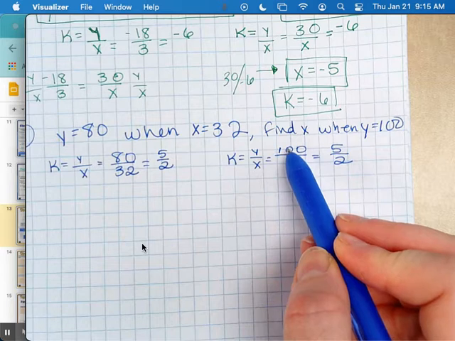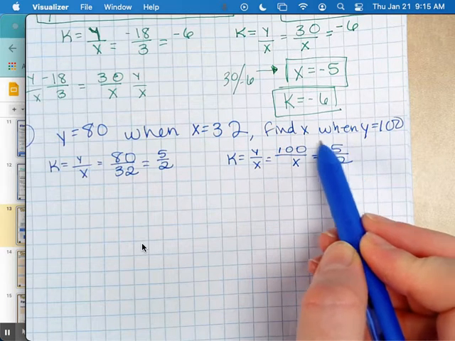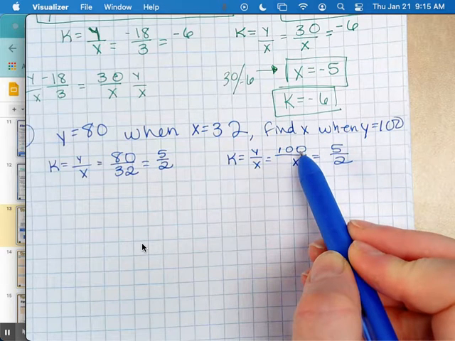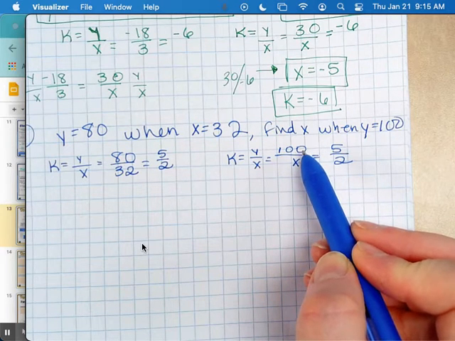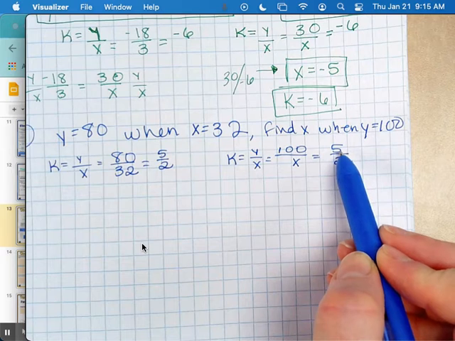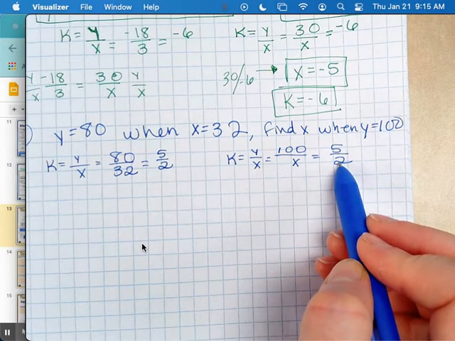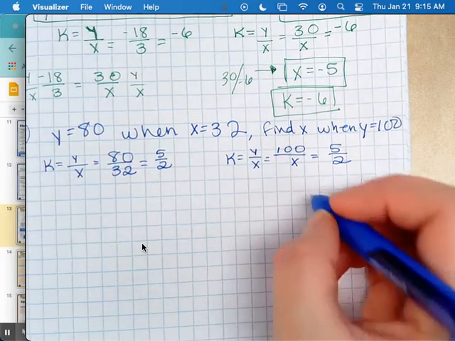Or see, 5 times what gets 100? 100 divided by 5 gives us 20. Then we multiply 2 times 20, which gives us 40.